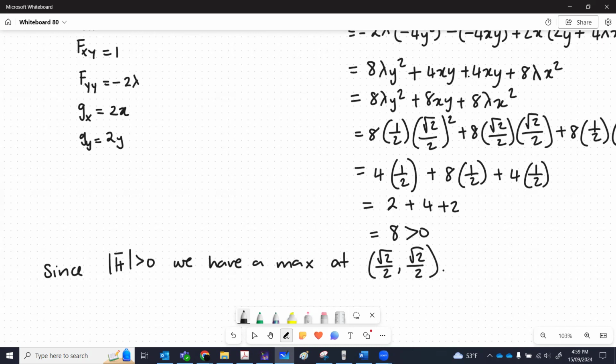Then for the next one, you try when lambda is equal to negative a half, work out the critical points associated with that, and then test them in the same way. So that's basically it on the bordered Hessian. You can see it's not very difficult to do. What you need to know is how to differentiate.